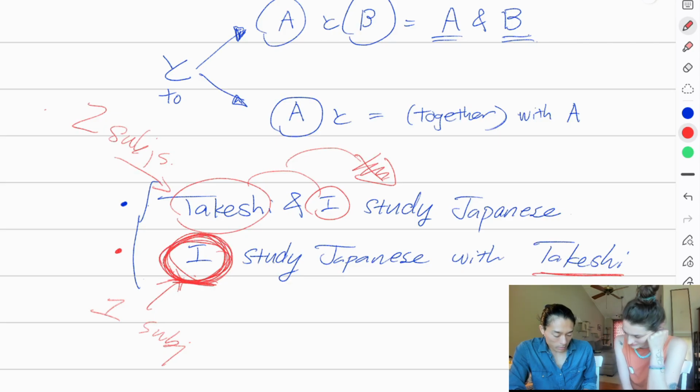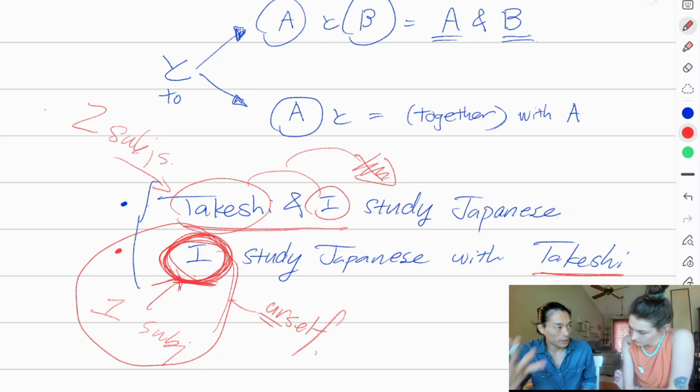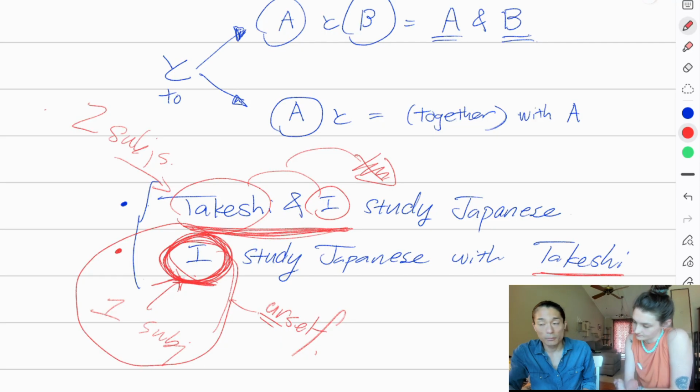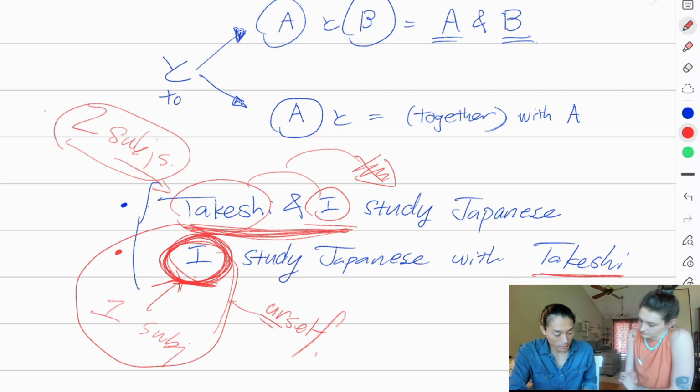What does that mean? This one, where you put I study Japanese with Takeshi, naturally you want to emphasize yourself. Maybe a little bit self-centered way of saying it. I study with Takeshi, but by including that person you do something with as the subject together, you are making it equal, right?